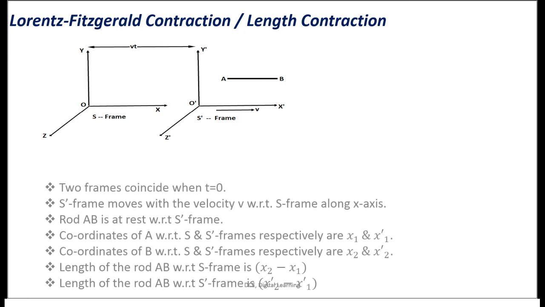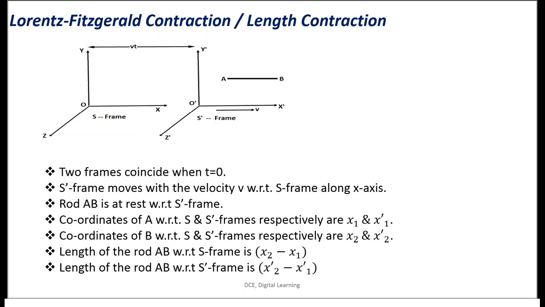Here, the two frames coincide at t equal to 0, when the two origins O and O prime coincide with each other. S prime frame moves with the velocity v with respect to S frame along the x-axis.